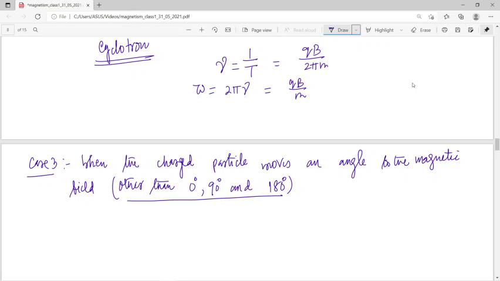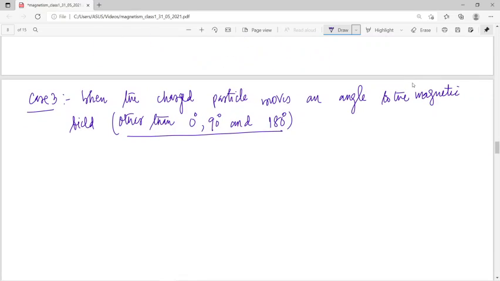That is one of the interesting phenomena that we observe. Say this is the x axis, this is the y axis and this is the z axis, and a charged particle is moving with velocity v at an angle theta.